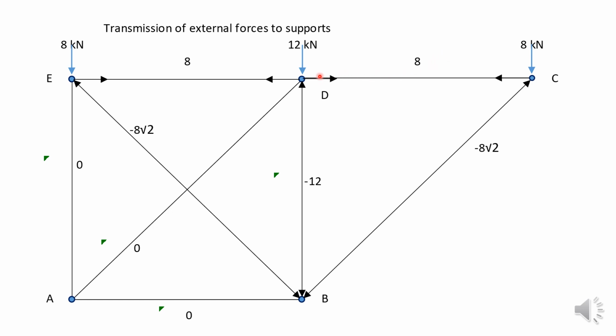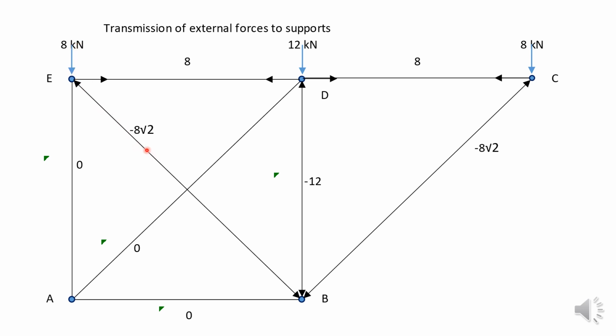Now you have 8 kilonewtons pulling to the right at D. You must have an equal force to the left here. So this member ED will also be in tension at 8 kilonewtons. Now you have a vertical force of 8 kilonewtons here. The 8 kilonewtons here will not contribute any vertical components.